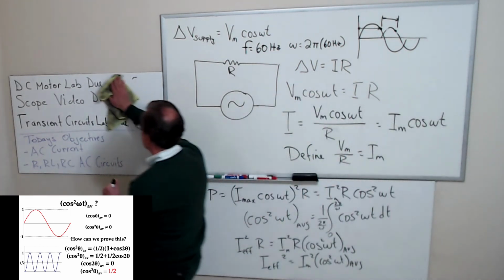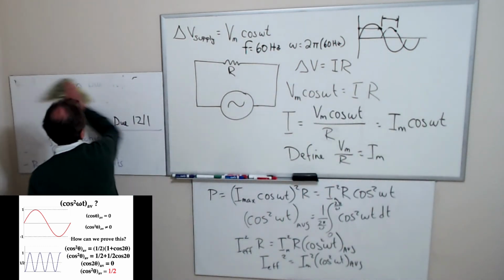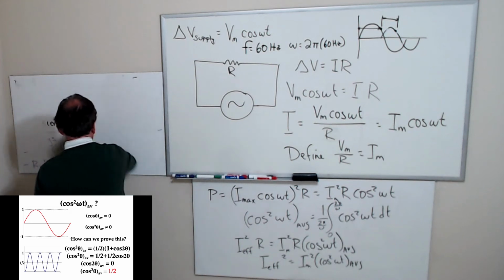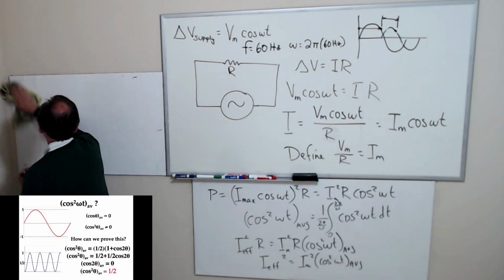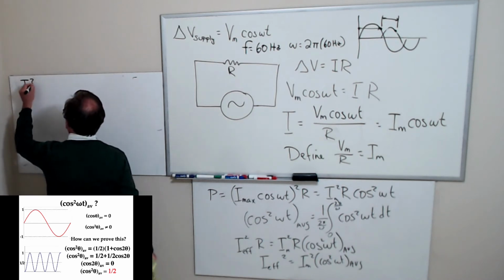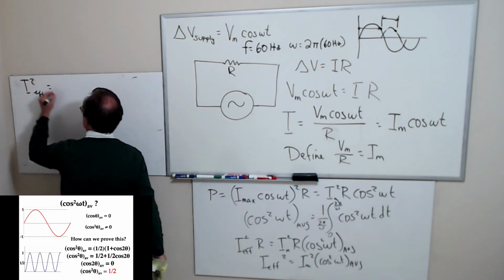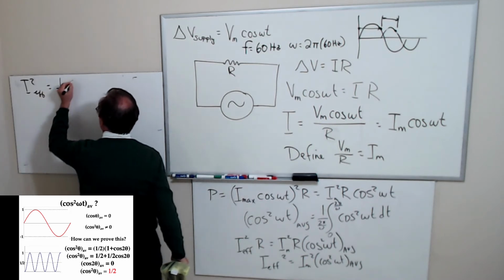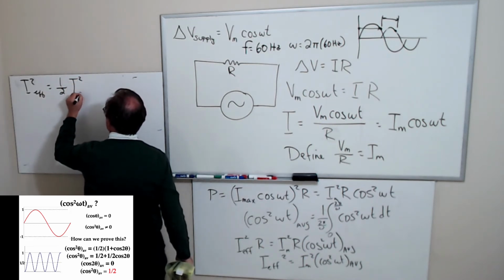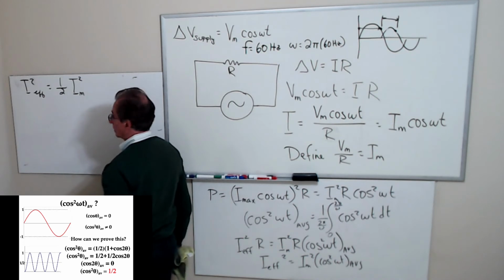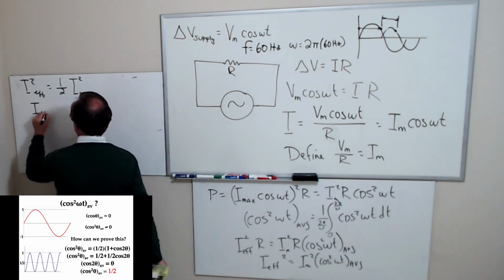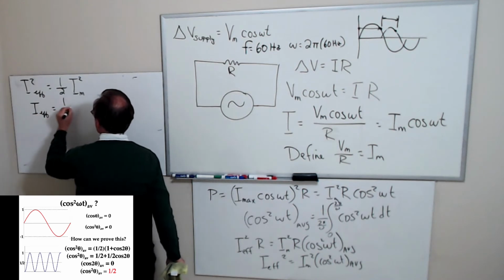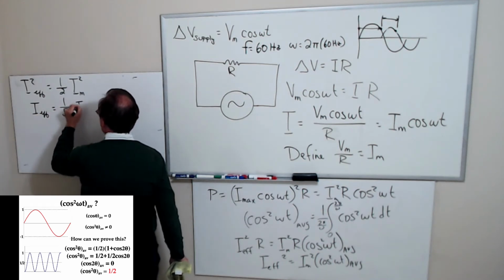So we get I squared effective is equal to one half I squared max. Then I effective is equal to 1 over the square root of 2 times I max.